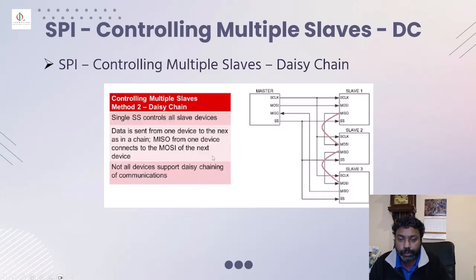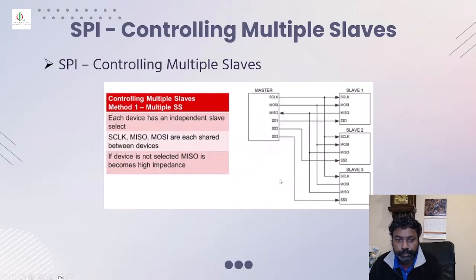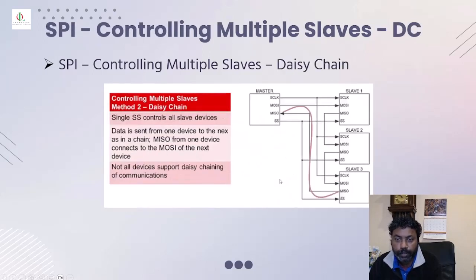If not, you need to go for the standard connections like this. And the MISO is connected to the MISO. So daisy chain is first this connection, and then the MISO is connected to this MISO.